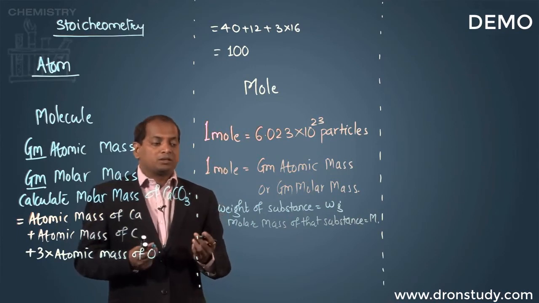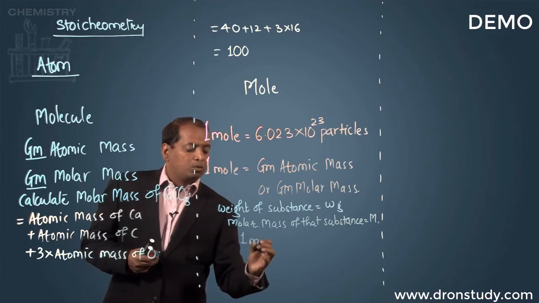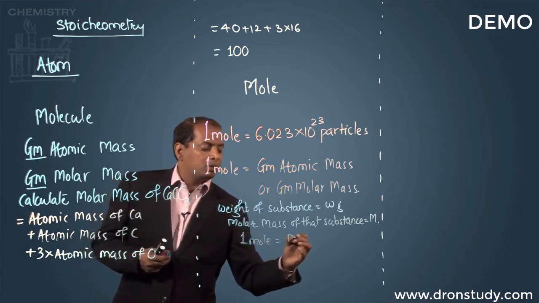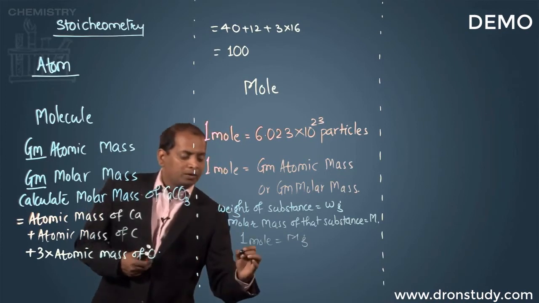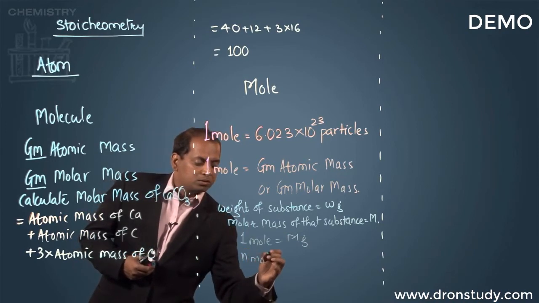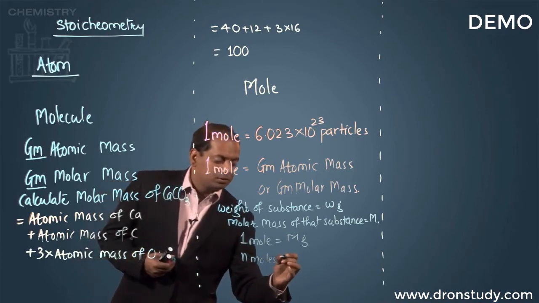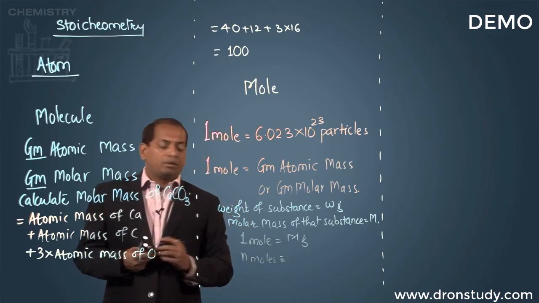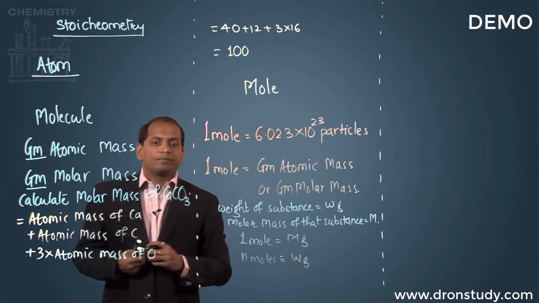So by definition, what do you mean by 1 mole? 1 mole is equal to M grams. So N moles is equal to how many grams? That we have to calculate. Let us consider that is W grams.